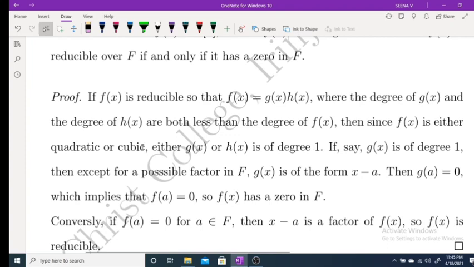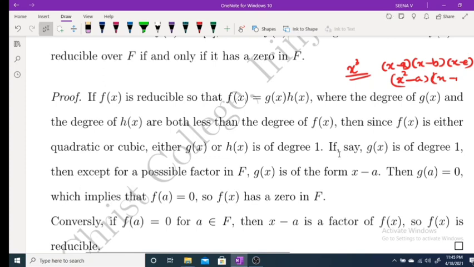Because this is a cubic polynomial, factorization means you can write x minus a into x minus b into x minus c, or you can factorize it as some quadratic into some linear factor. So in any factorization you will get a polynomial of degree 1.